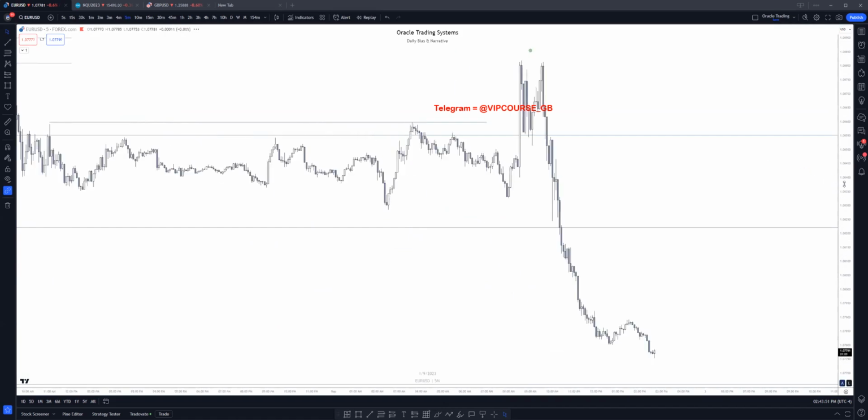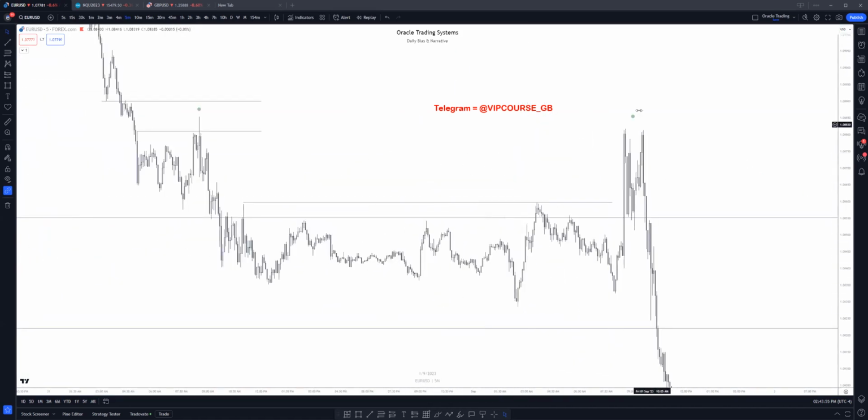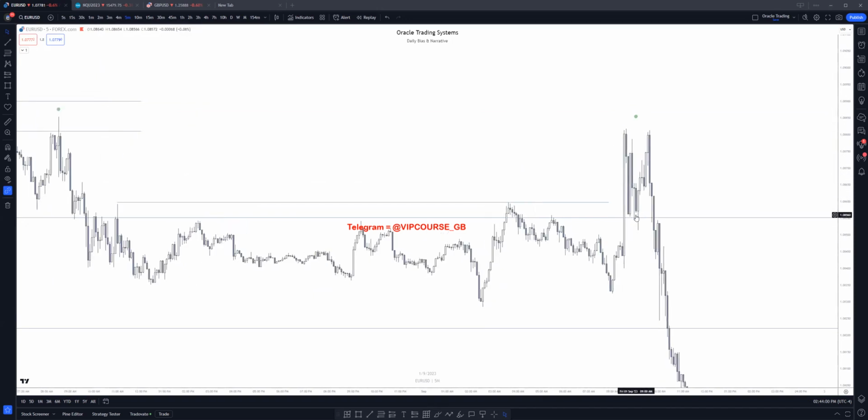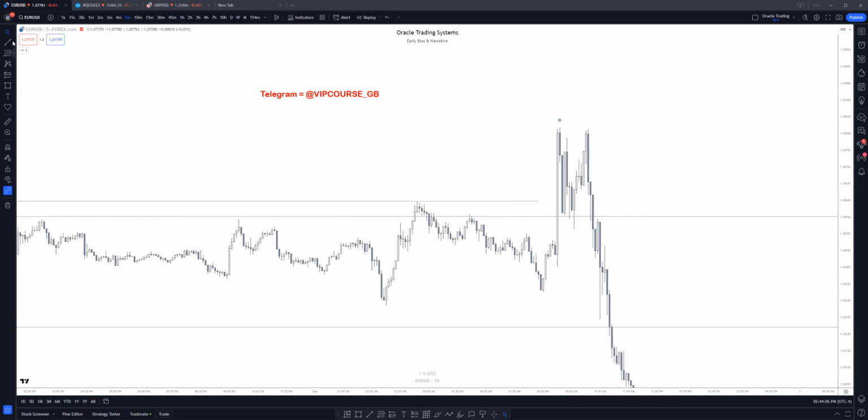On the 5-minute, after we've had that accumulation, manipulation at news, market open, pushes down, pushes up, doesn't take the high. Does it need to? Absolutely not. It does not matter. It's irrelevant.